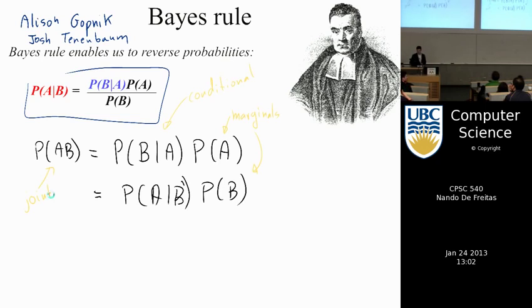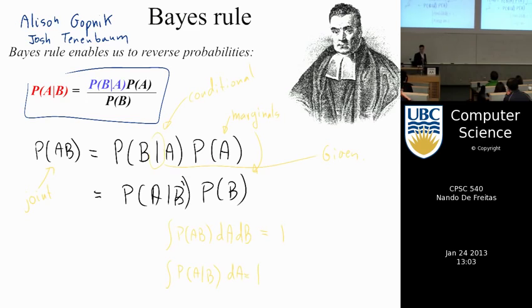And this bar here means given. We know that the integral of P(A,B) over dA and dB is equal to 1, because probabilities sum to 1. We know that the integral of P(A|B) over A is also equal to 1.